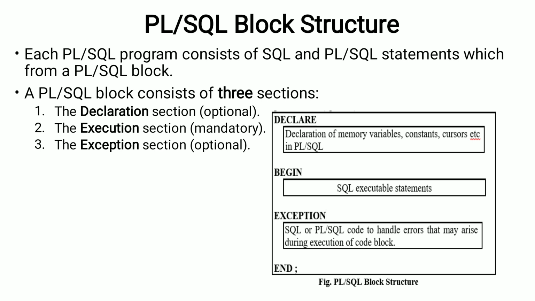It involves DDL statements, DCL, TCL, DML. These are used in the begin part. Last one is exception, that is the error handling part. Exception handling statements are used in this exception block. And last one is end and semicolon.